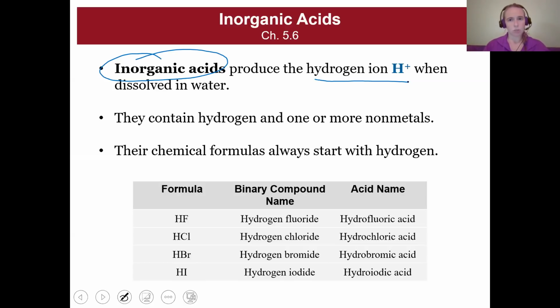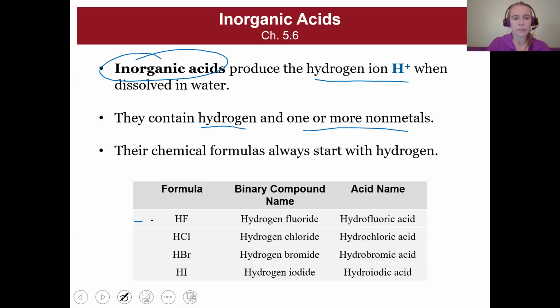So the hydrogen ion is one of the products when you dissolve in water. So these inorganic acids contain hydrogen and 1 or more other nonmetals. So their chemical formulas always start with hydrogen so that you can see that that hydrogen is going to come off.